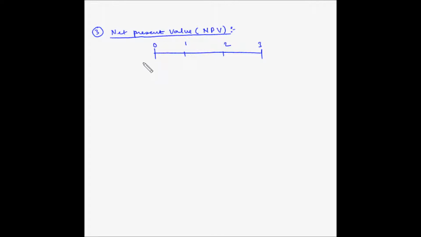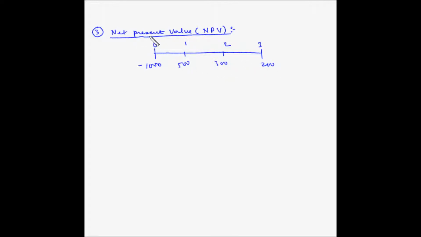The third method that we'll look at is the net present value, or NPV. So let me draw the cash flow. 0, 1, 2, 3: minus 1000, 500, 300, 200.